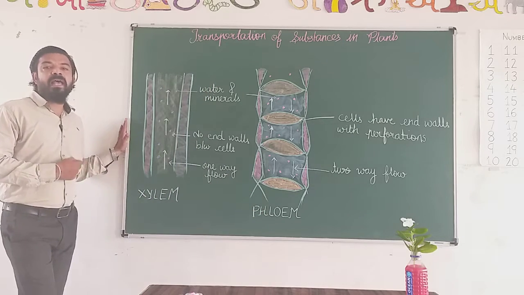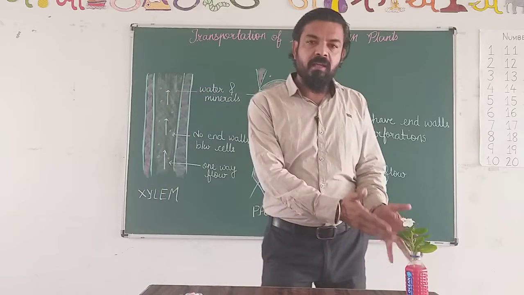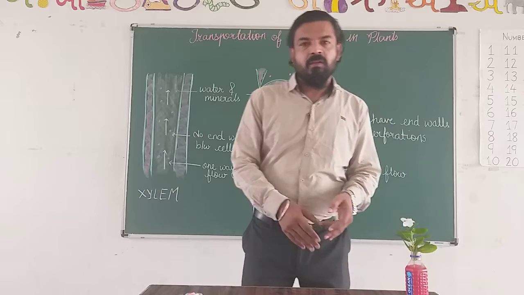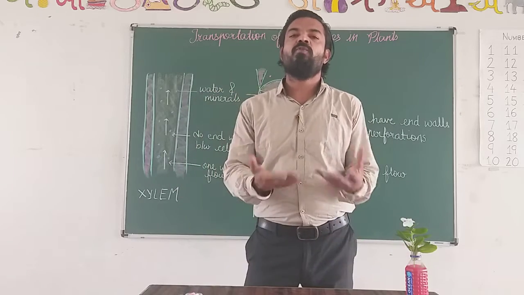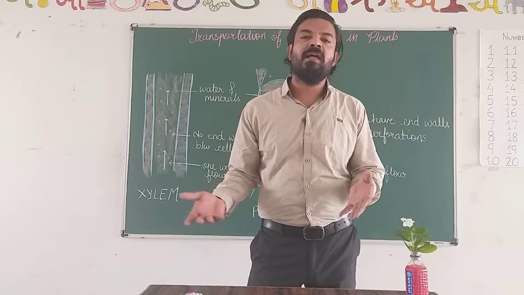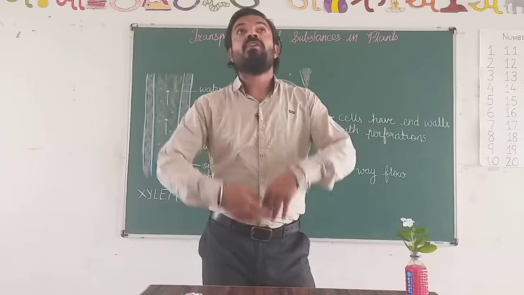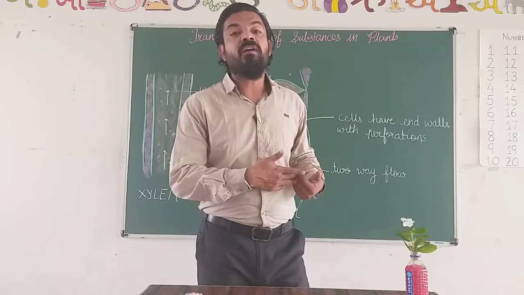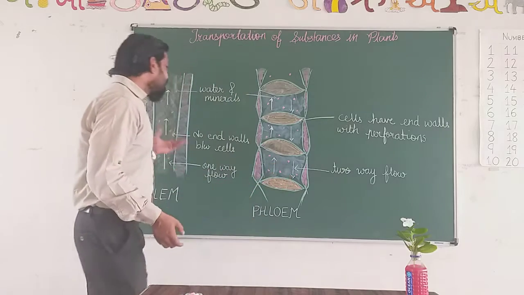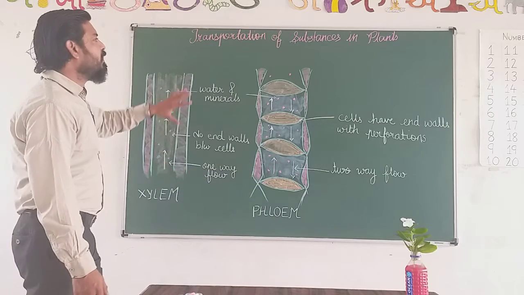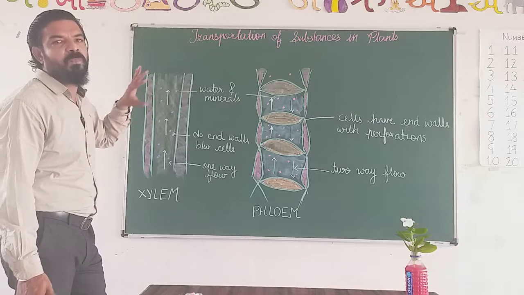How does this help? See, in the plant, you can see here a small herb. We have herb, shrub, tree, all parts of the plant. You understood in the 4th, 5th and 6th class what is the herb, what is the shrub, what is the tree, and what is the height of the herb and the shrubs. Now, we will understand just some part of the function of these tissues.